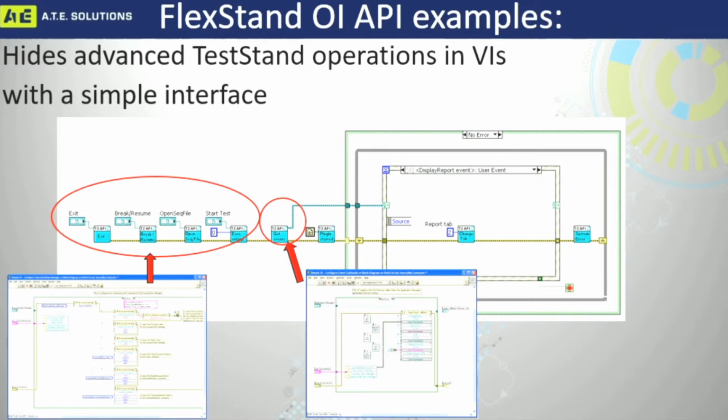So you've got these nice packaged API calls for FlexStand that hide a lot of its complex code, which as someone who's building and configuring a user interface, you don't really need to know how that works. You just need a top level VI that's going to give you an execution view or a report view or something like that.